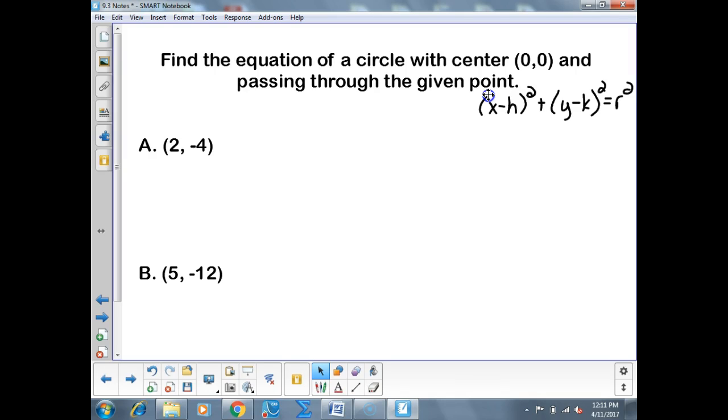Could you just have that point on a graph and then draw a line from the center point to the point? Count the distance. Find the length of the line. How am I going to find the length of the line?